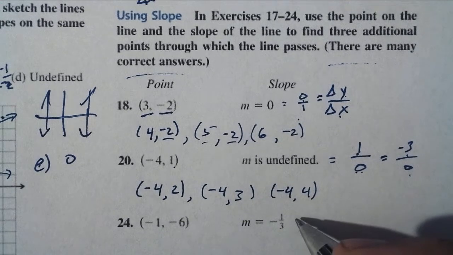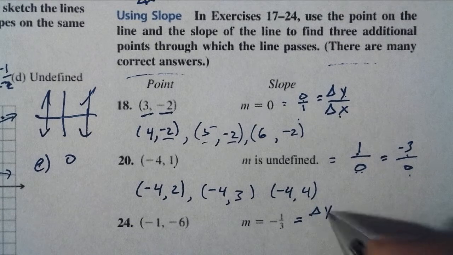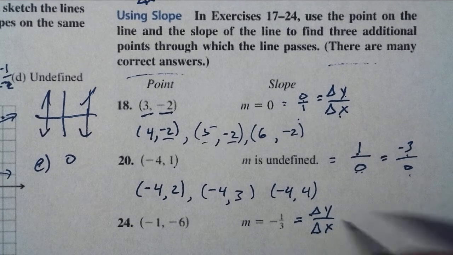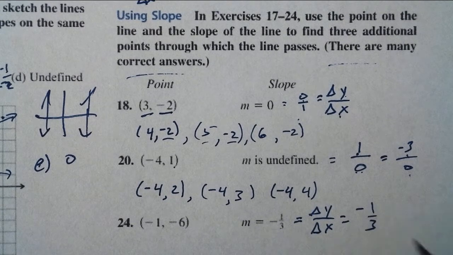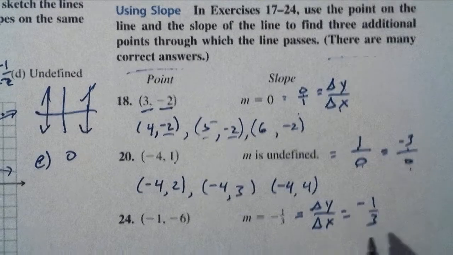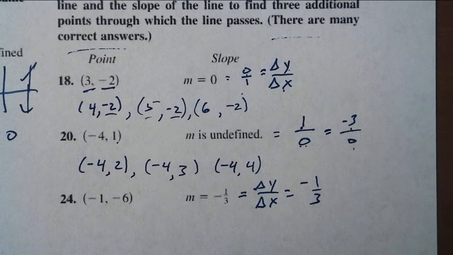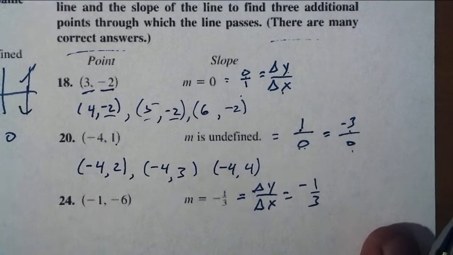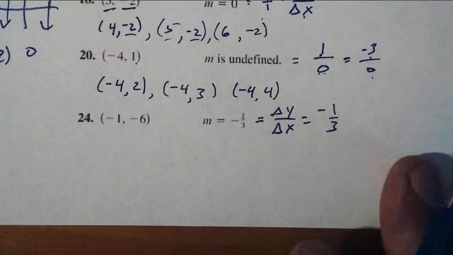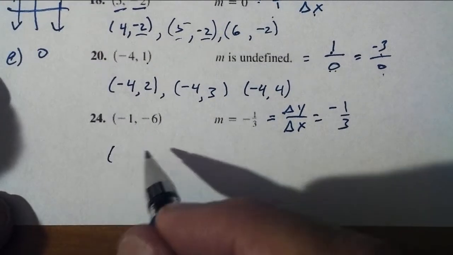Okay, and finally, here's my change of y over change of x. This is delta y, delta x. I'm going to write it as negative 1 on 3. Again, you could make that 1 on negative 3. I'm going to make it negative 1 on 3. So what happens?